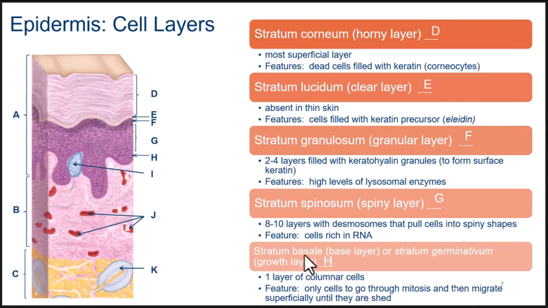Stratum basale literally means base layer, so this is the lowest of the layers, think of the basement layer. And it also gets the name stratum germinativum, which refers to the growth layer. So this consists of a single layer of columnar, so that would be kind of taller cells.